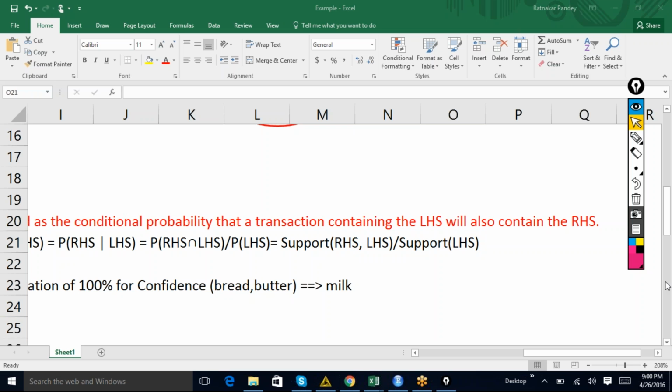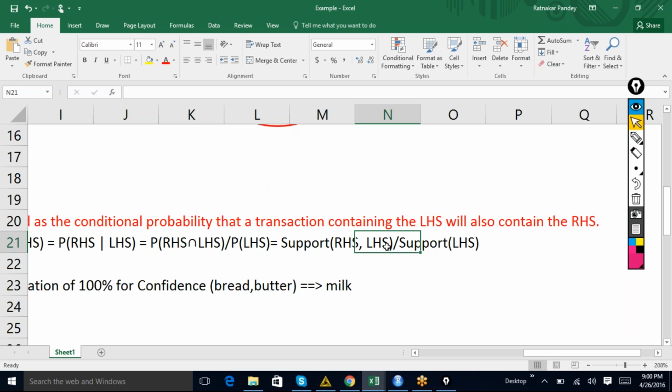Okay, so Vijesh is asking what is the rationale of clubbing variables? They should be independent from each other. Vijesh, I mean, they are not independent. We are saying if the left hand side has happened, the probability of right hand side will be significantly higher.